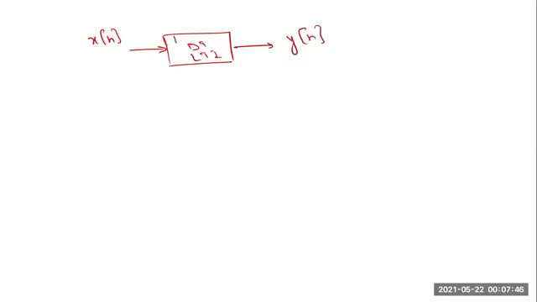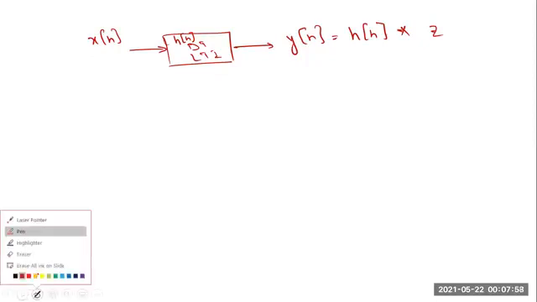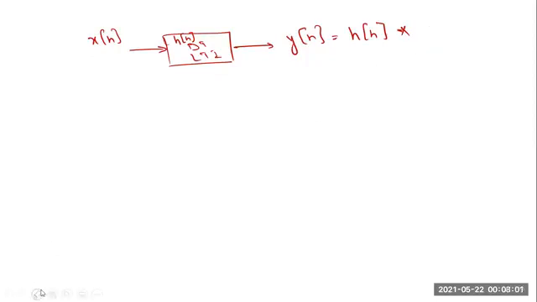If you are dealing with a discrete time LTI system, and the input is x of n, the output is y of n, and the system impulse response is h of n, then we know that the output is h of n convolved with x of n.